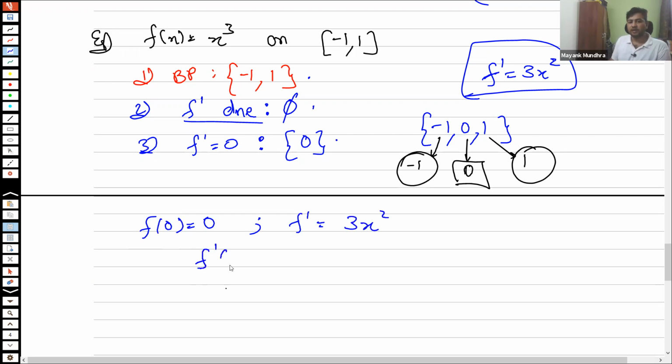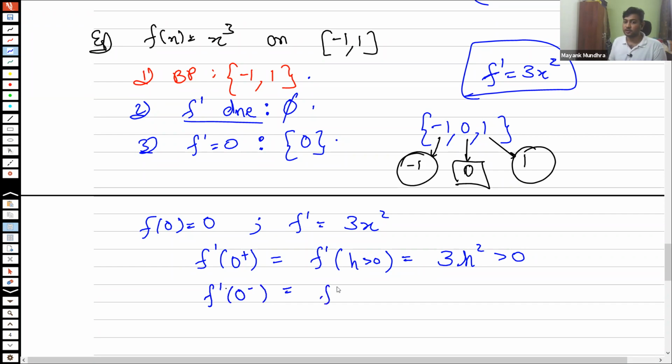So f prime at 0 plus is basically f prime at some positive value h, which is 3 times h square. So this is positive. So to the right of 0, the function is increasing.